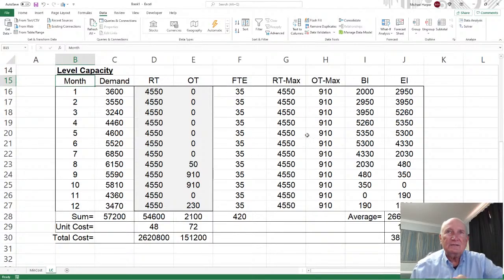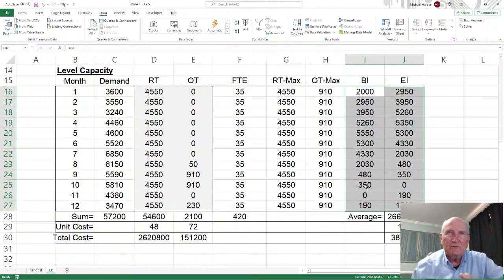Okay, now this is the second spreadsheet we can use to pull things off and compare with the minimum cost one and the level capacity. So there's the second one. And we can see the costs. Here's the inventory. We can compare the inventory.